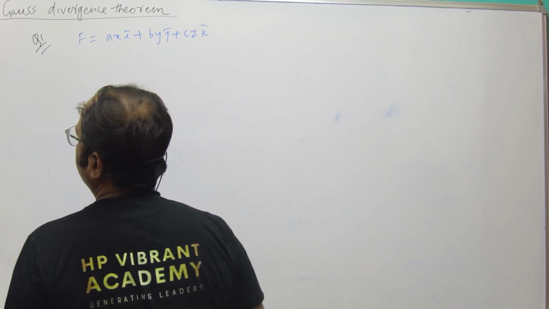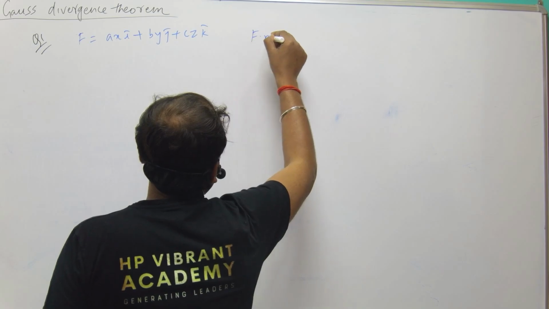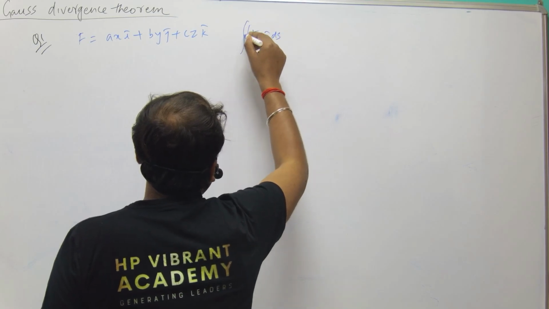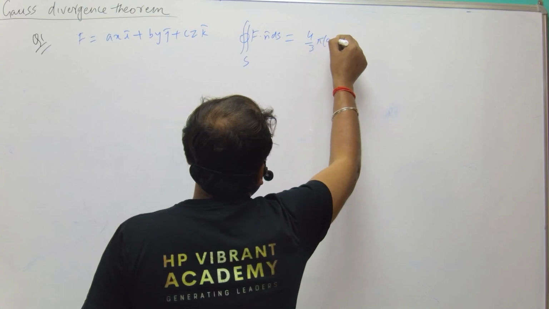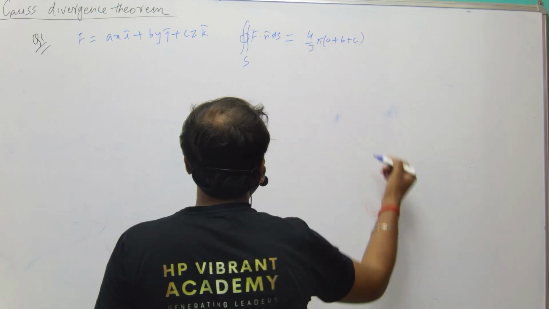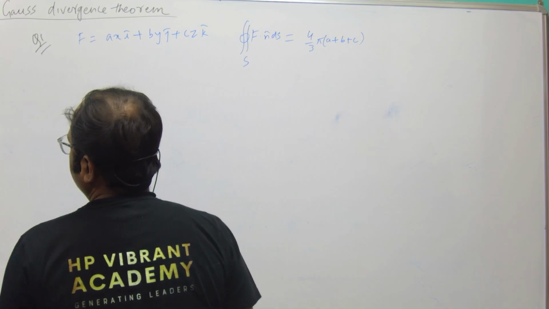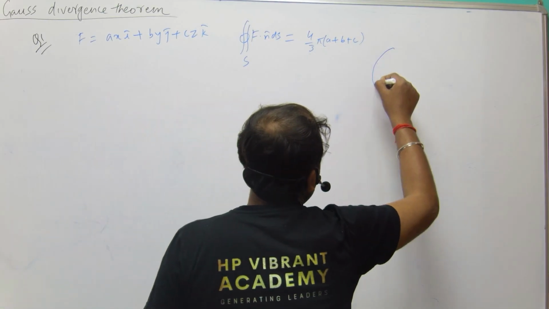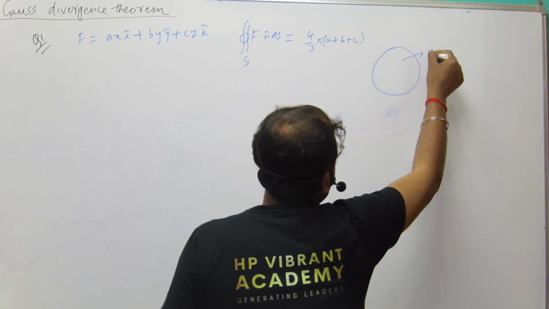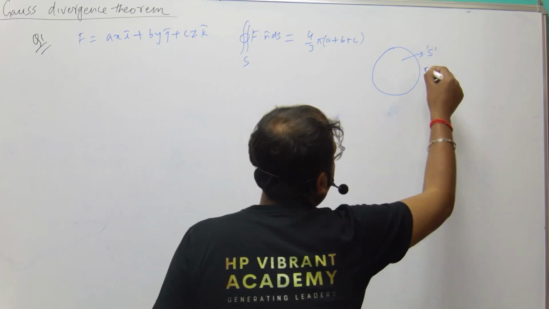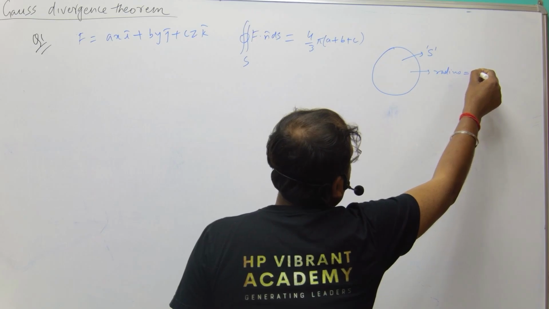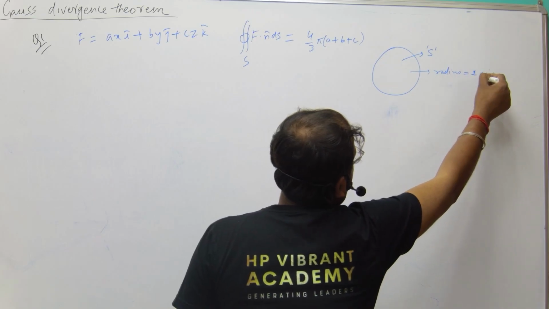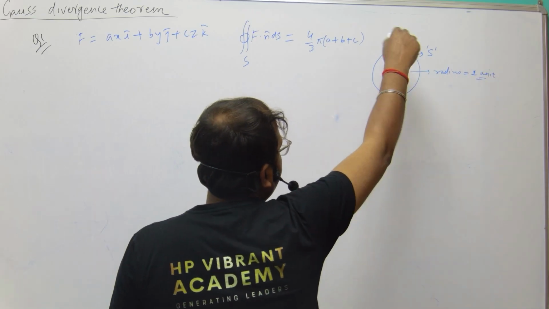We have to show that the surface integral of f dot n cap ds along the surface S is equal to 4 by 3 pi times (a plus b plus c), where S is the surface of a unit sphere, with a radius of 1 unit.